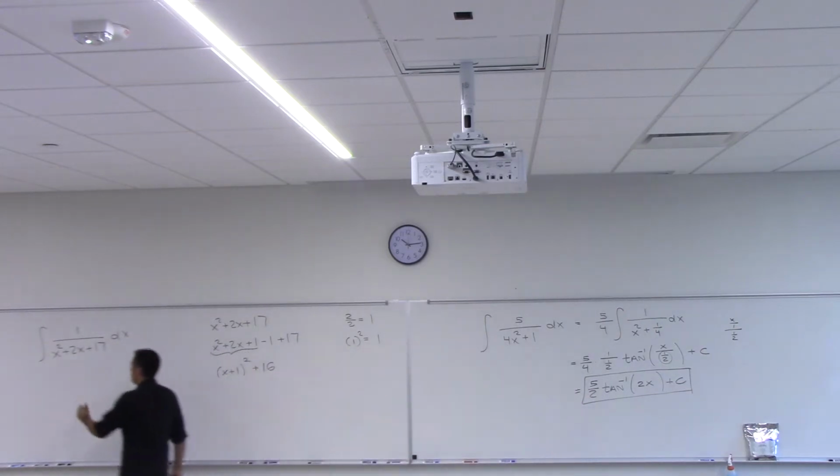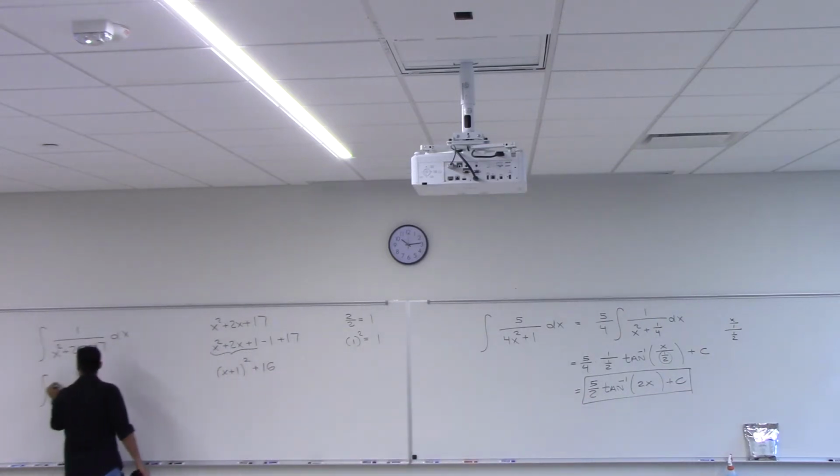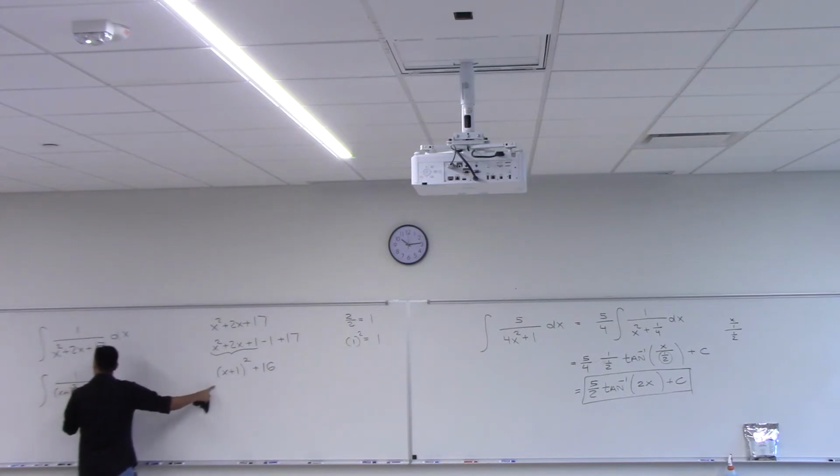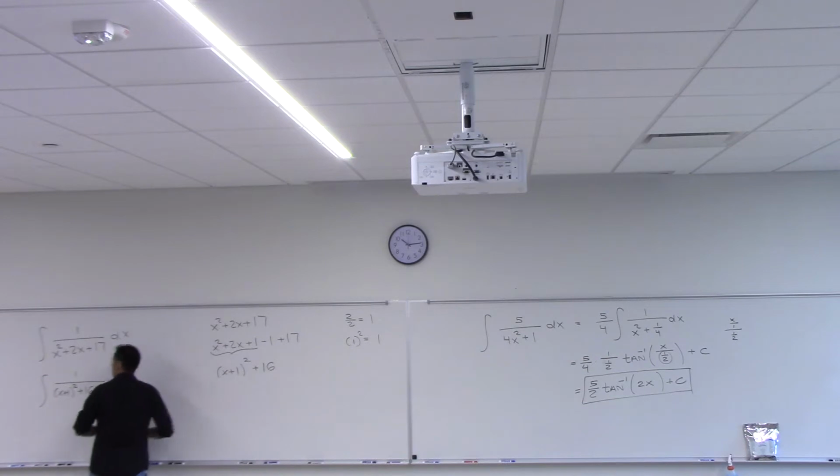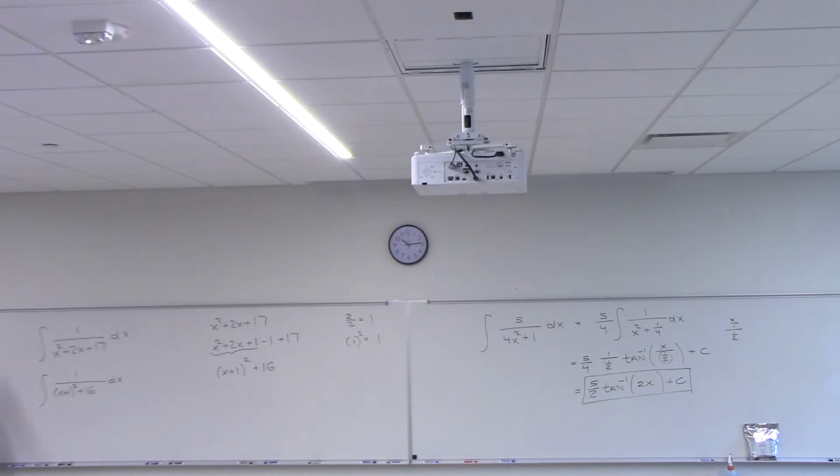So I can rewrite this as 1 over x plus 1 squared plus 16 dx. Can't I? That's just me completing the square. I'm just writing it a different way. You all see where I'm going with this? Where am I going? Make u x plus 1. So imagine that that's a u, and then what can you do?